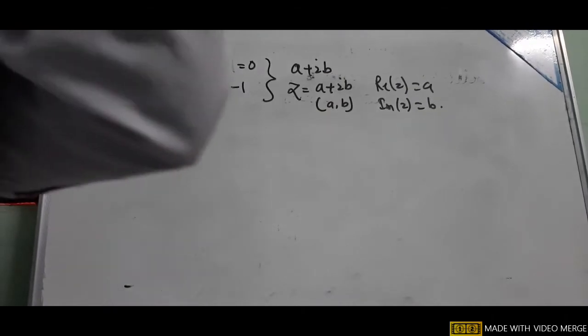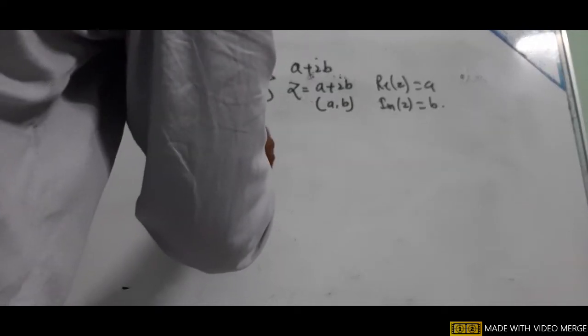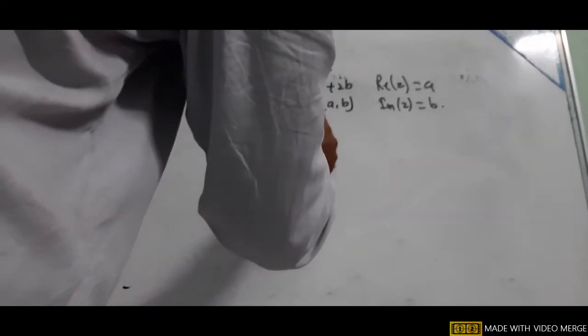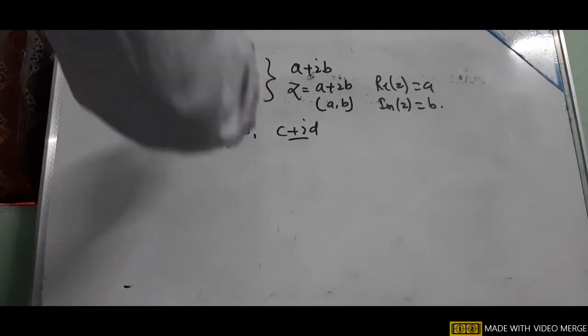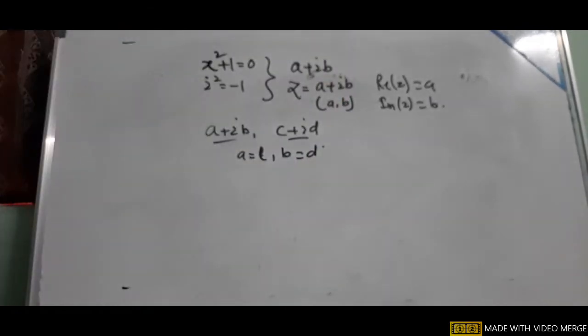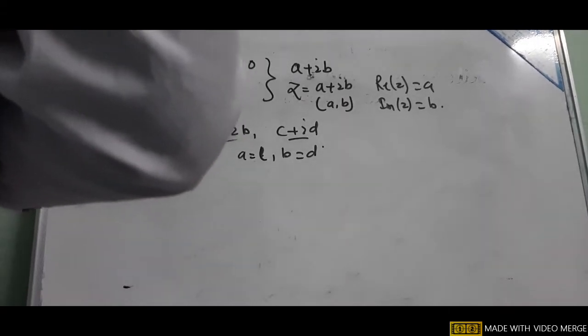Two complex numbers, a plus ib and c plus id, are equal if and only if a equal to c and b equal to d. Then we'll talk about the complex conjugate.